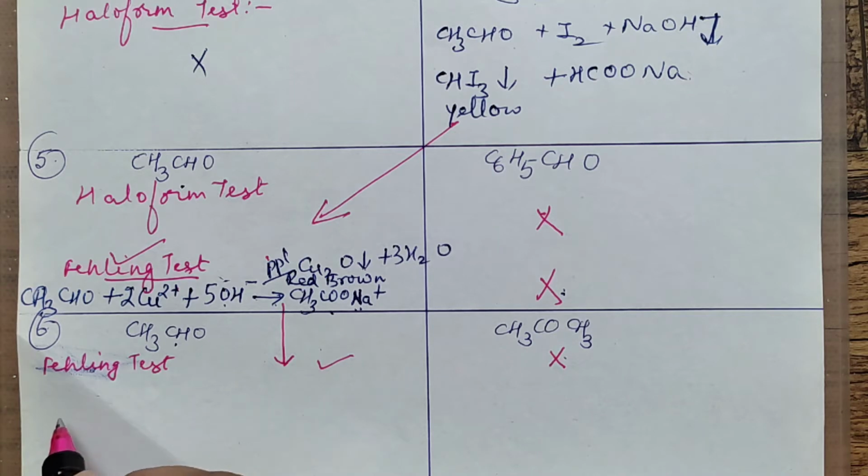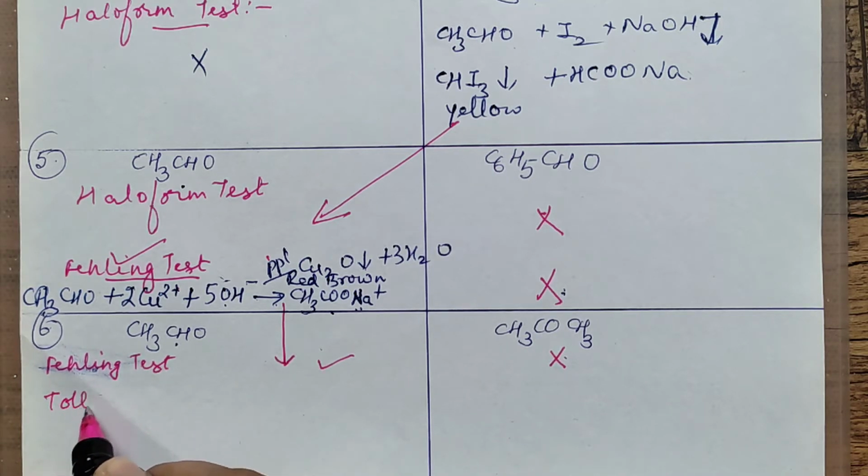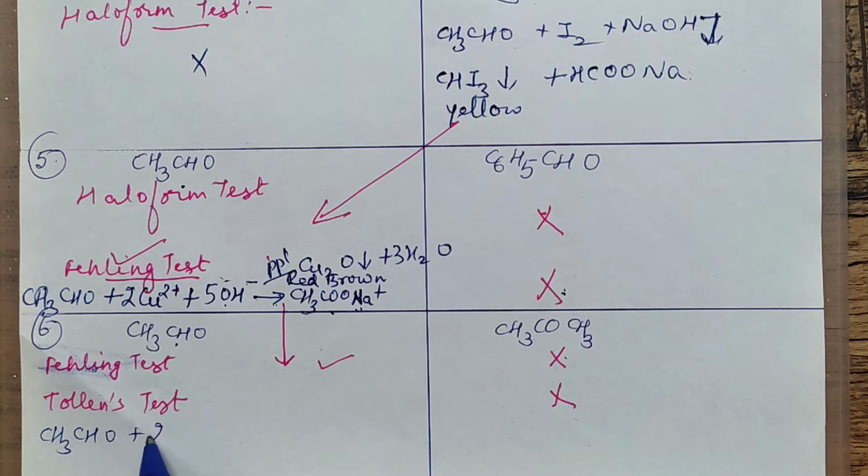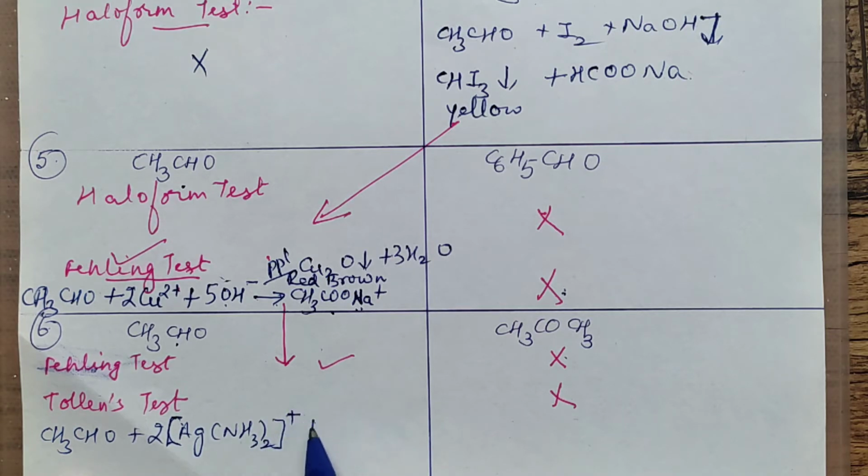Instead of this, you can also use Tollens test. Tollens test is given by aldehydes, whereas it is not given by ketones. So what is Tollens test? It is CH3CHO plus the diamine silver complex, Ag(NH3)2 plus, in basic medium, and you will have the salt of it.